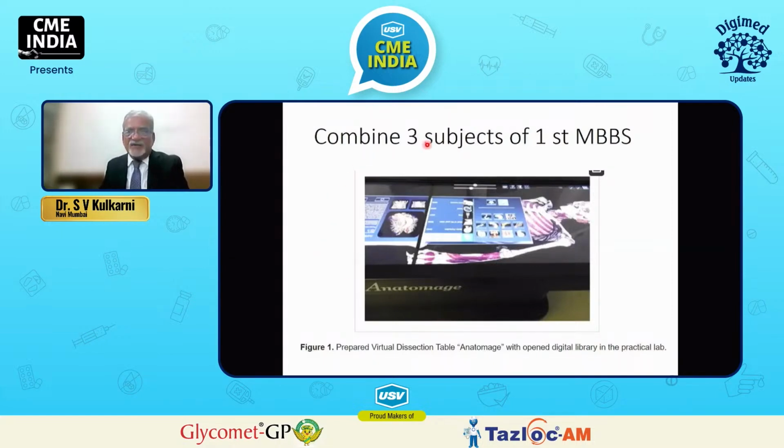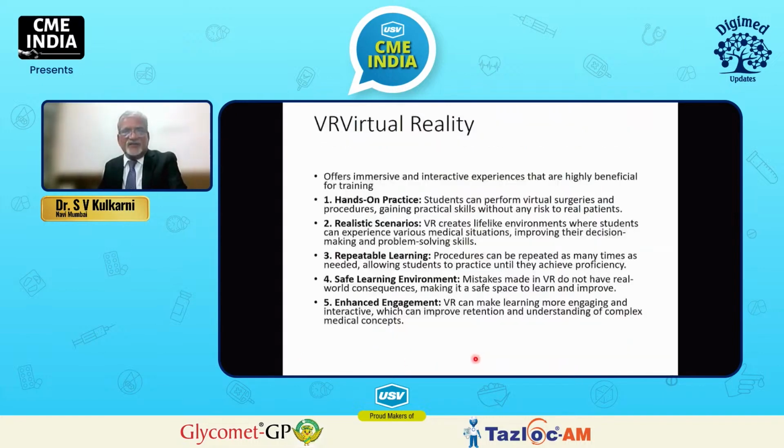This can combine even three subjects of first MBBS: anatomy, physiology, biochemistry, all the things can come together. So this is a prepared virtual dissection table called Anatomage. There are alternatives also. We can see one by one.